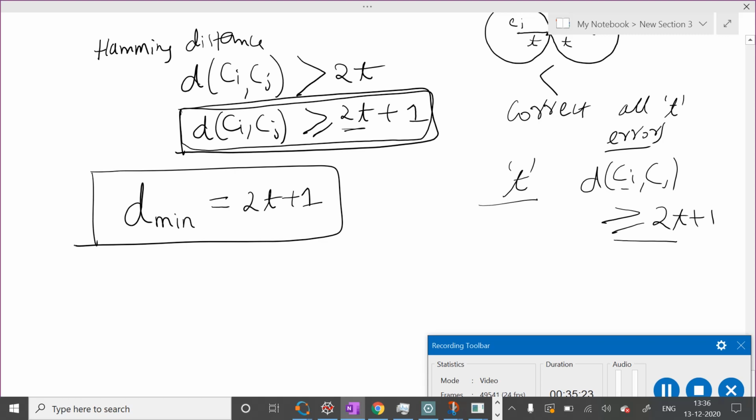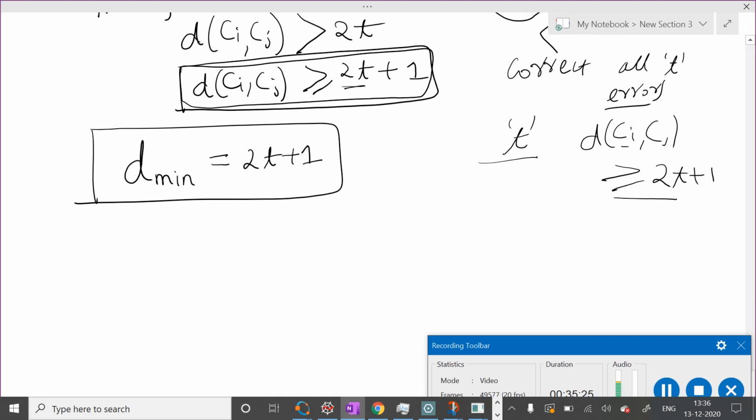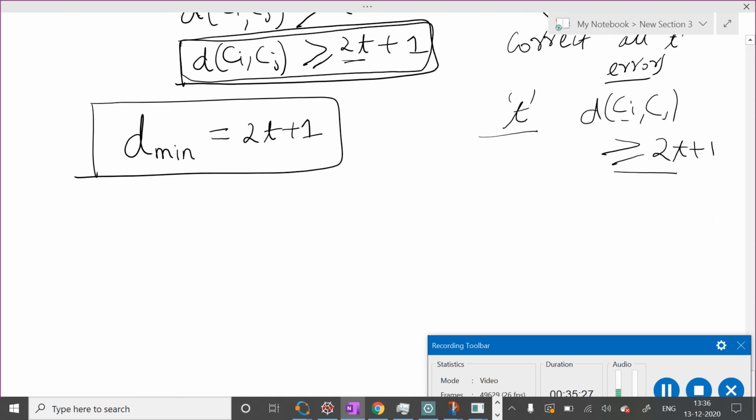And if the minimum distance is 2t plus 1, then the code can correct all errors, how many? D minimum minus 1, divided by 2, which can be fractional also, so I will take the integer part, the largest integer part.